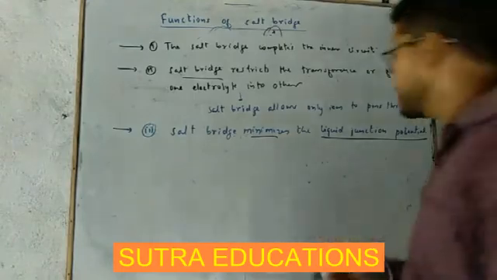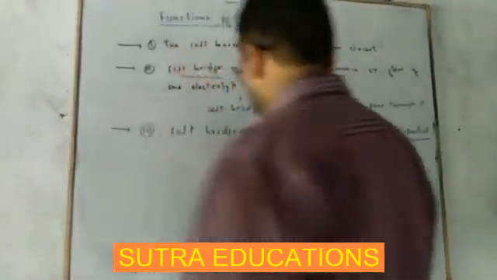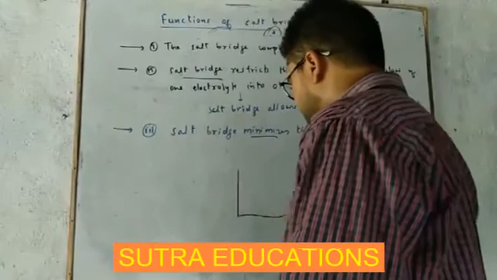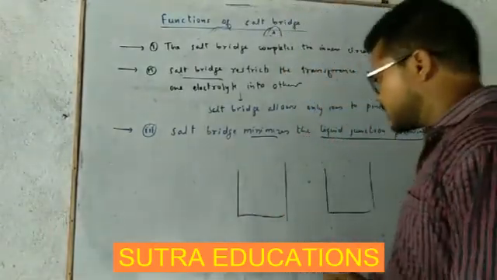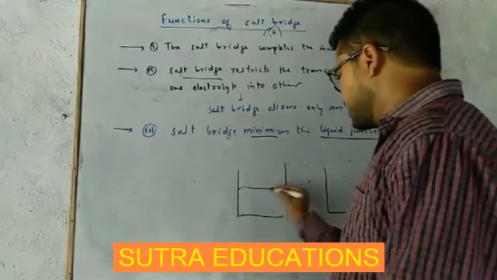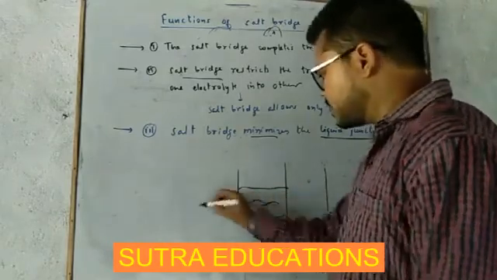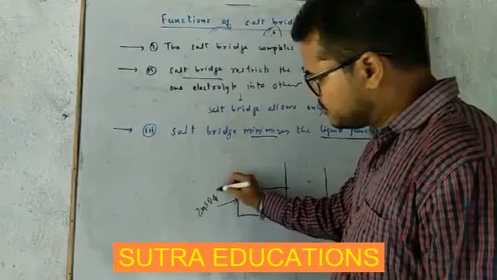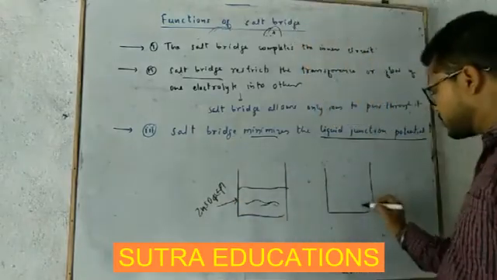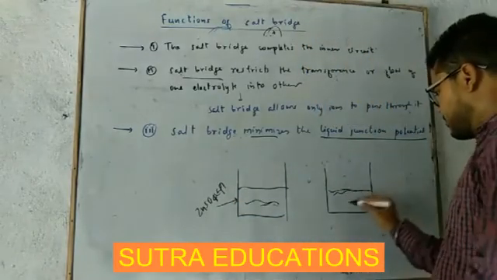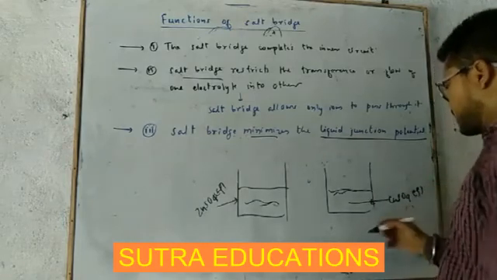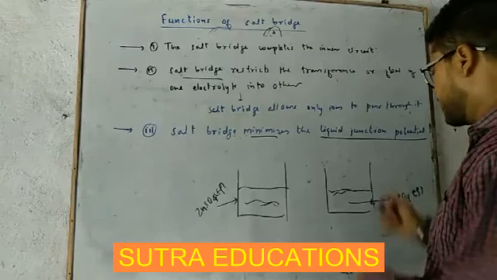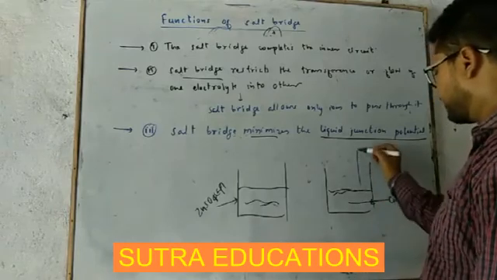Okay. I am going to tell you what is liquid junction potential. Same figure, because we have already explained the figure. Here it is ZnSO4 aqueous. Here it is copper sulfate, CuSO4 aqueous. Metallic rod used here is copper.